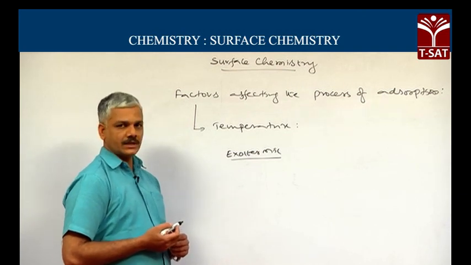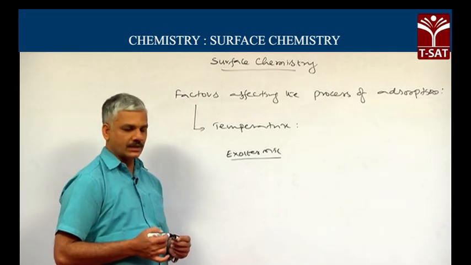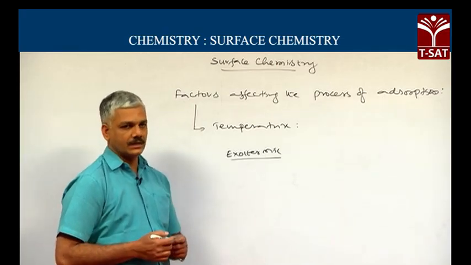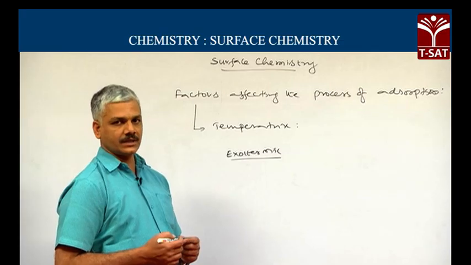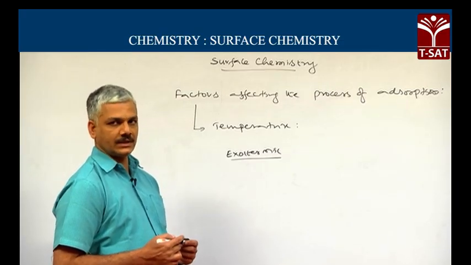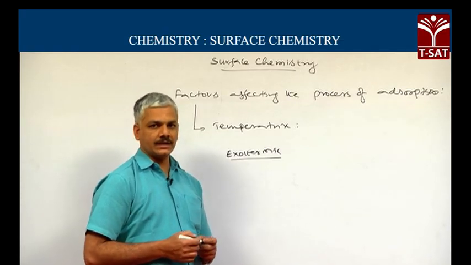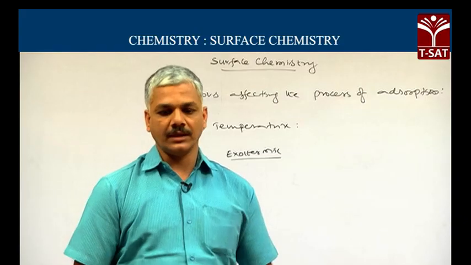In case of physical adsorption, with increase in temperature, extent of adsorption continuously decreases, whereas in case of chemical adsorption, the extent of adsorption initially increases with increase in temperature, but slowly it will decrease after reaching a peak.